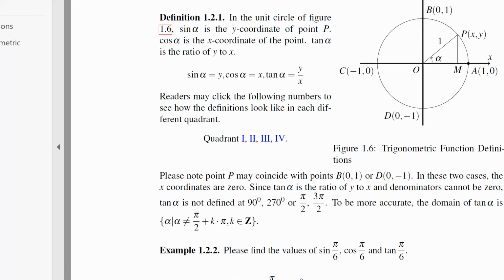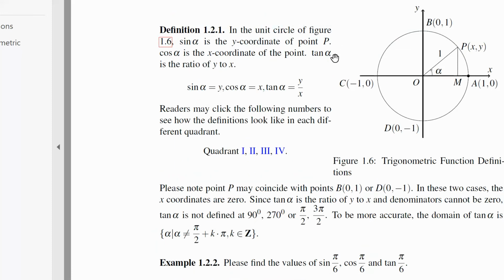Okay, so you see right here in this definition, the straight angle is 180 degrees. And then if you have an angle that goes from here to the terminal side on the negative direction of the y-axis, that will be 270 degrees.